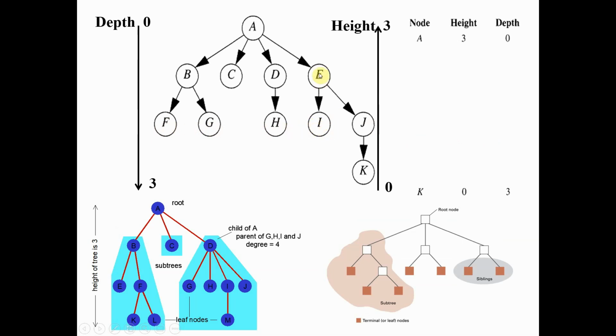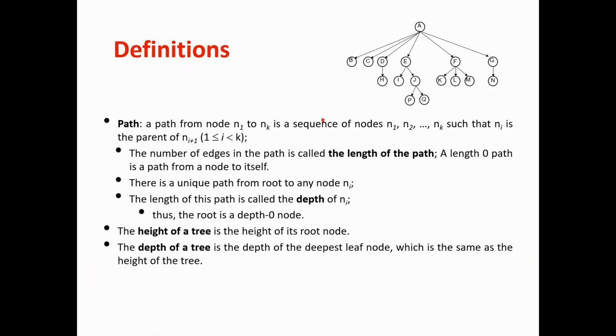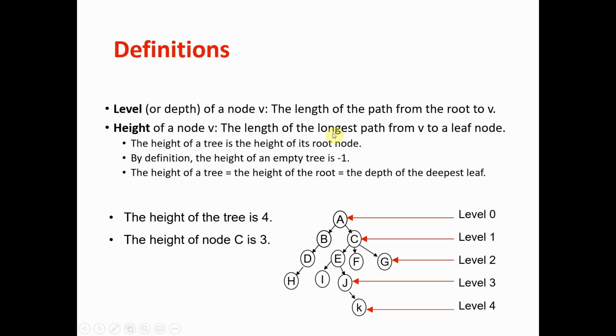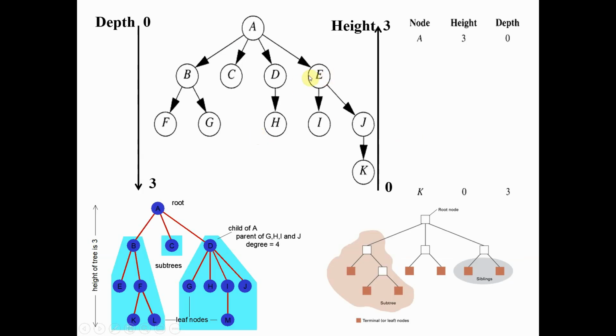What is the height of this one? If we look at the length of the longest path from that node to a leaf node, this one can go to 2 different leaves. So the longest path to a leaf is the one that goes from E to K. So the height of this one is 2.